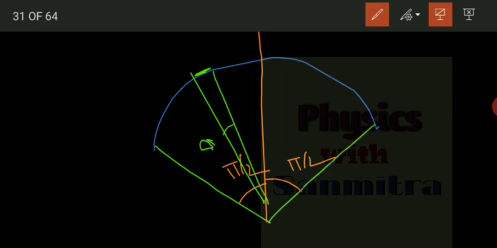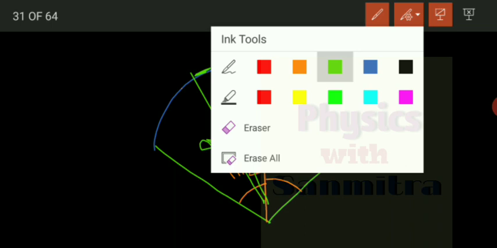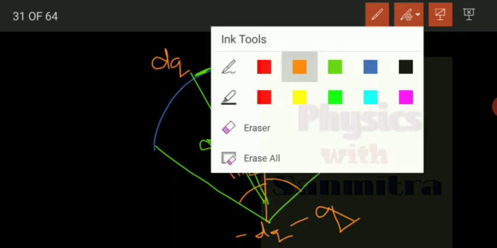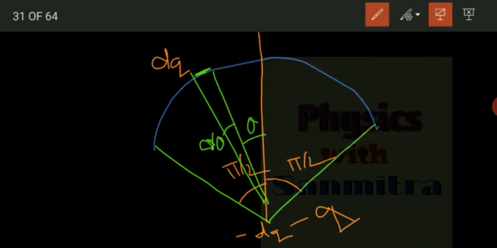The angle here is d theta, and here the angle is theta, and see, here the minus q charge is there. Let's take a dq charge here, and from this minus q, this dq will form a dipole.